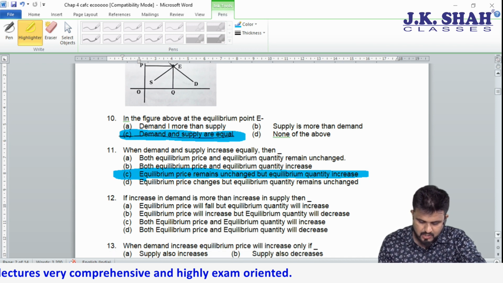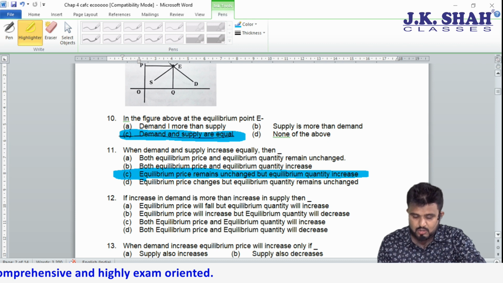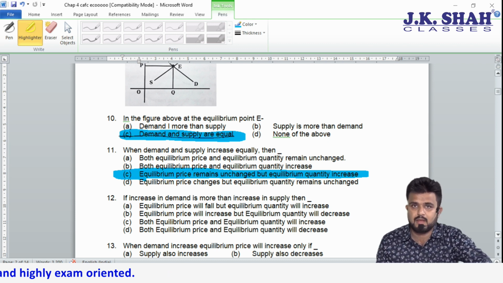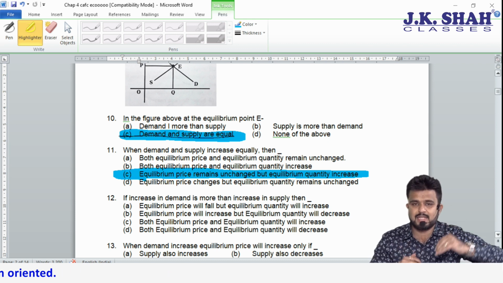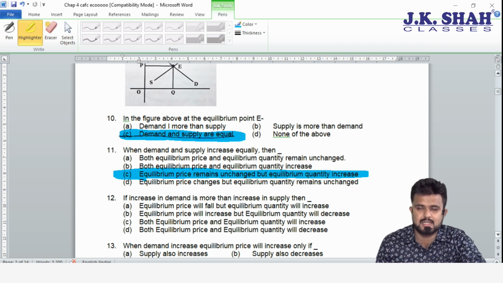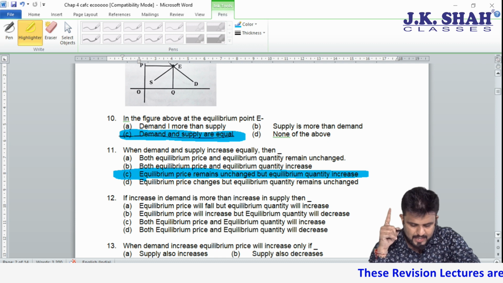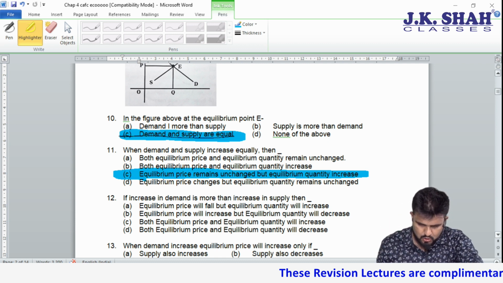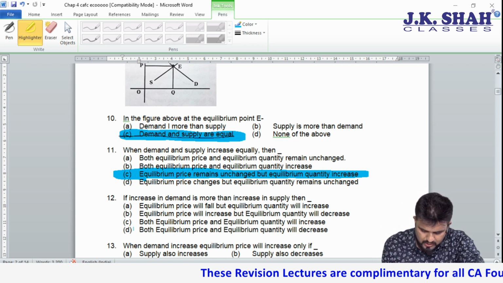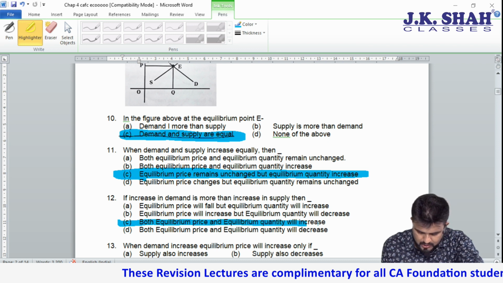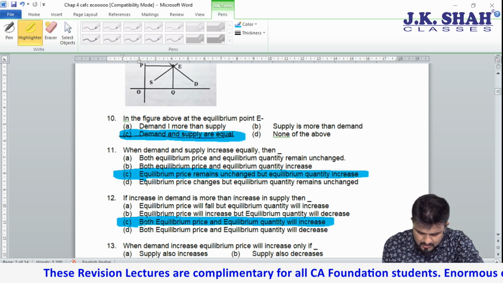Moving to the next. If increase in demand is more than increase in supply, demand more, supply less, pressure on price will be upward, price will increase. So the correct answer is both equilibrium price and quantity will increase.